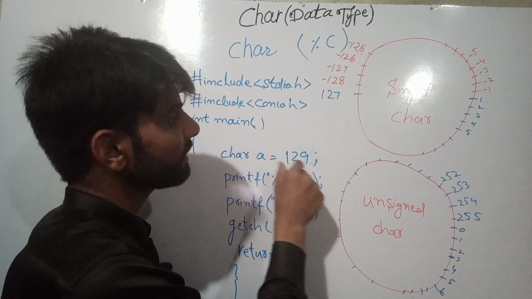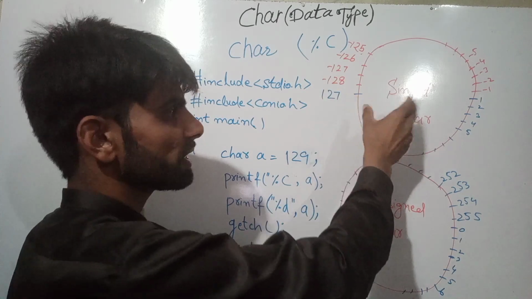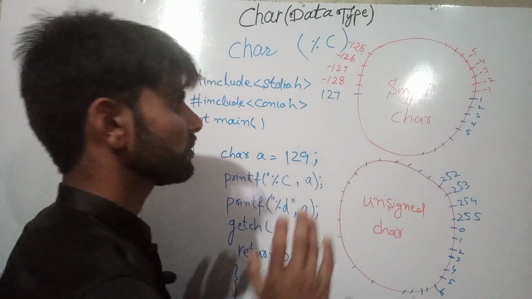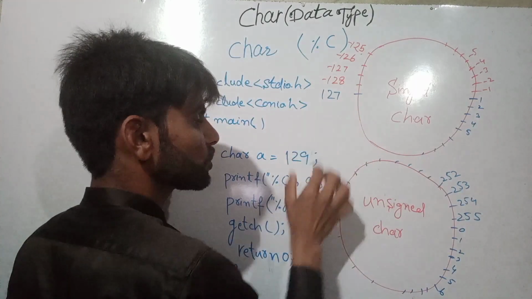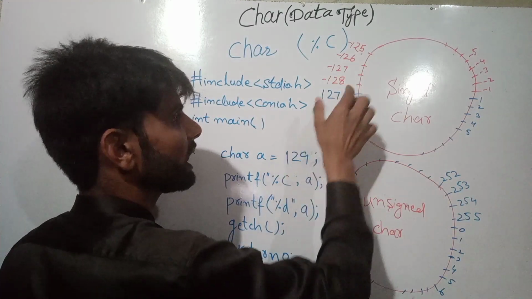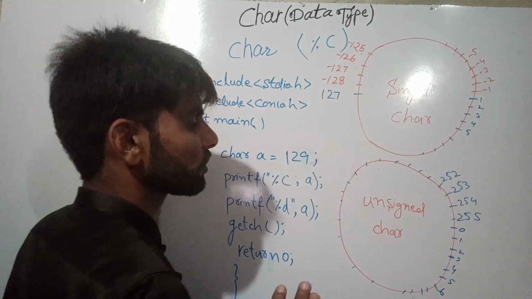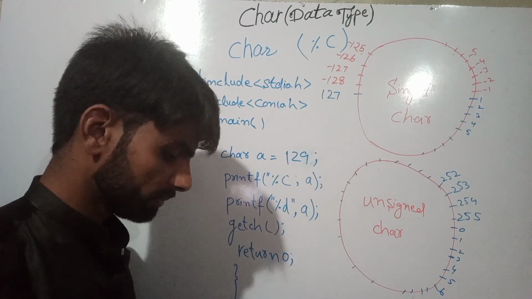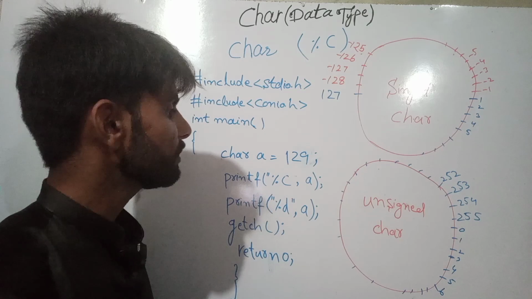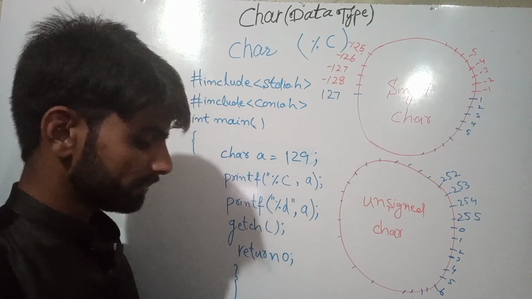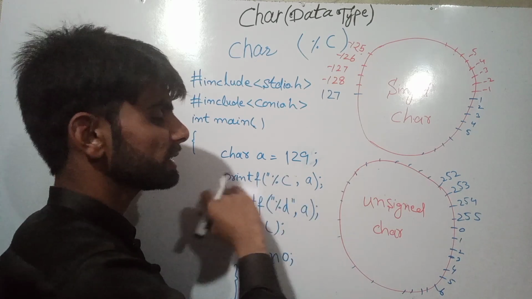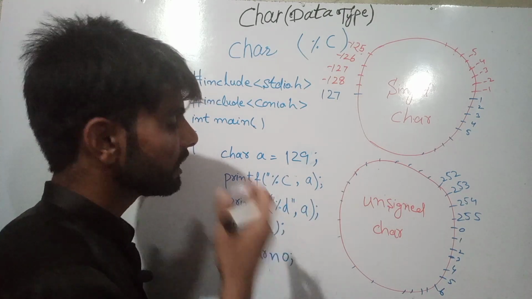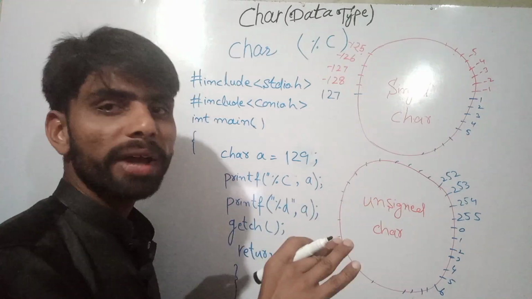Now the compiler will check whether the value 129 exists in that range, right? Here we can see 1 to 127 are positive values, but 129 is not available here. So what will happen? What will be the output on the screen? When this statement is executed, no error occurs.